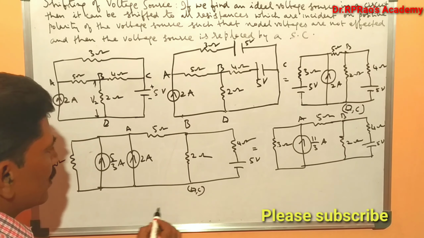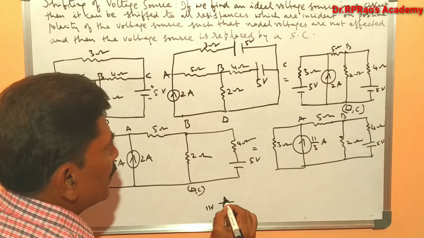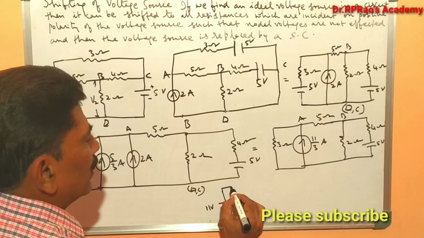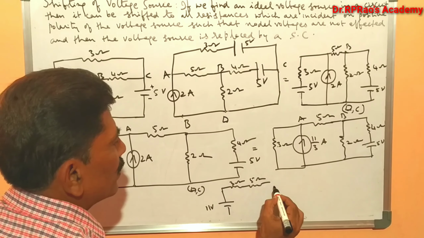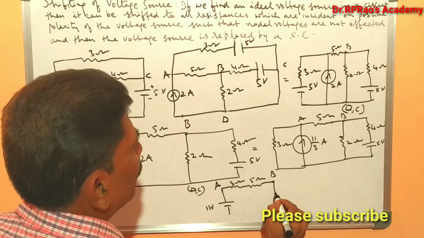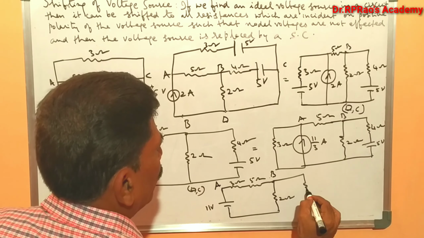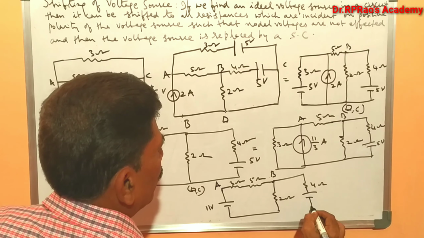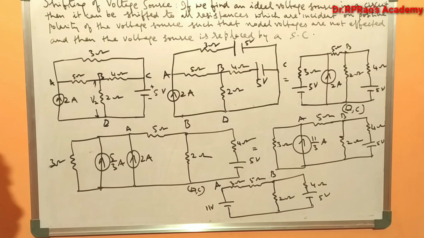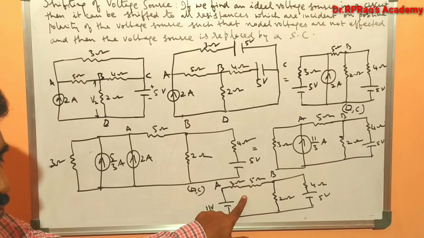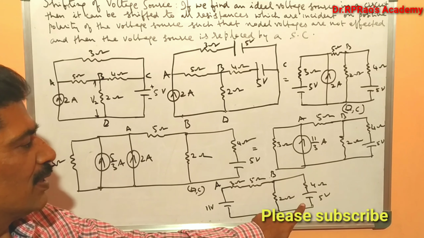So, 11 volts in series with 3 ohms, another one is 5 ohms, 2 ohms, 4 ohms, 5 volts. So now the circuit will become 11 volts in series with 8 ohms and 2 ohms here, 4 ohms and 5 volts in series with that.